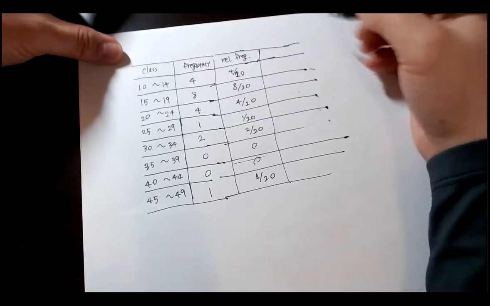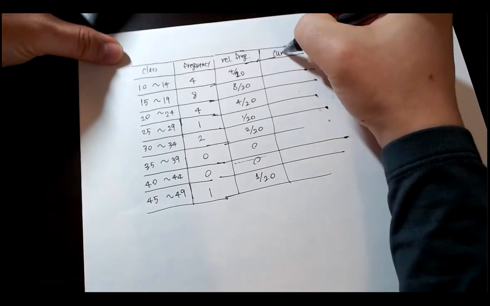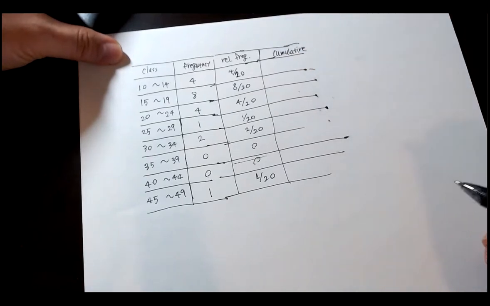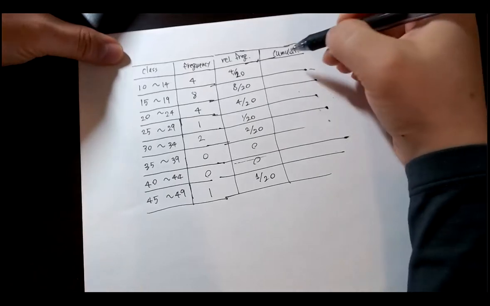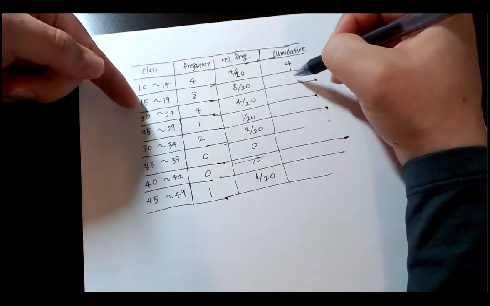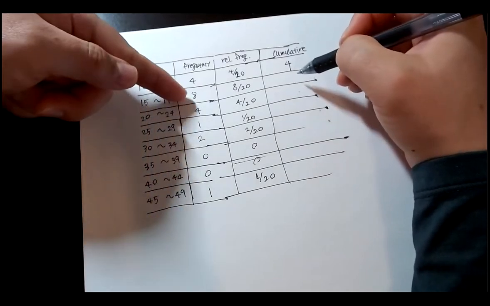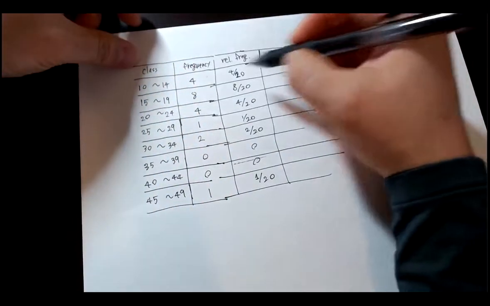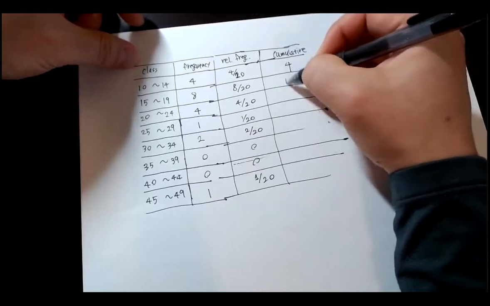And then the cumulative frequency for each class is the sum of the frequencies for that class and all previous classes. In this case, for the first class, the cumulative frequency is 4. For the next class, it's not just 8, but 8 plus the frequencies in the previous classes, which is 8 plus 4, which is 12.